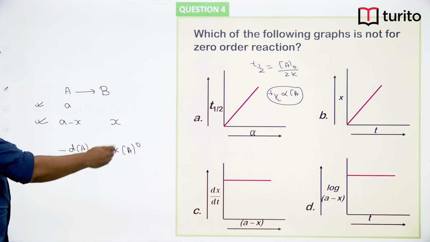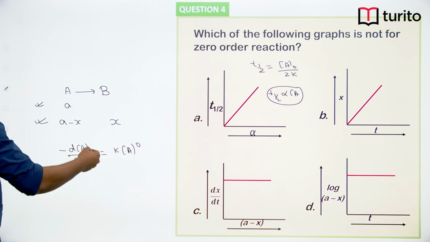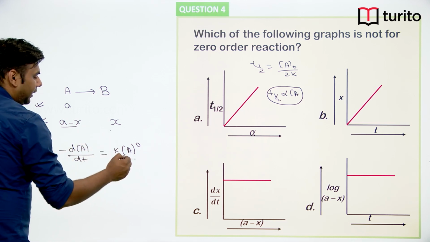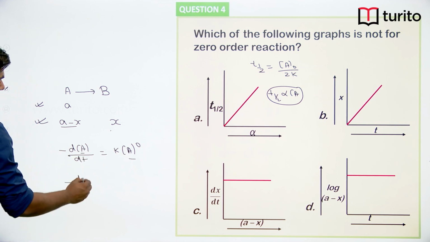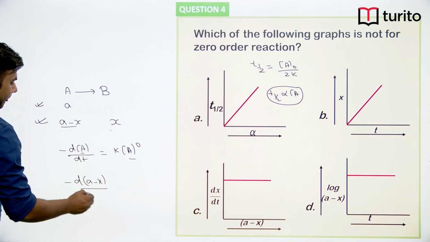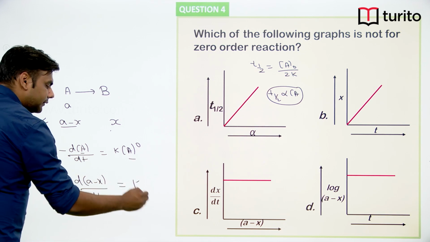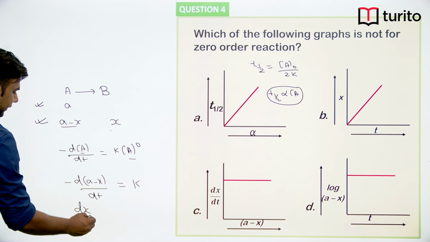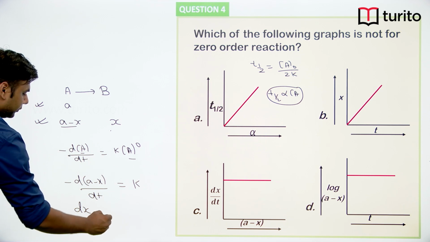We can directly integrate and solve it, or we can put the value of A at time t. So this is basically dx upon dt equals K.